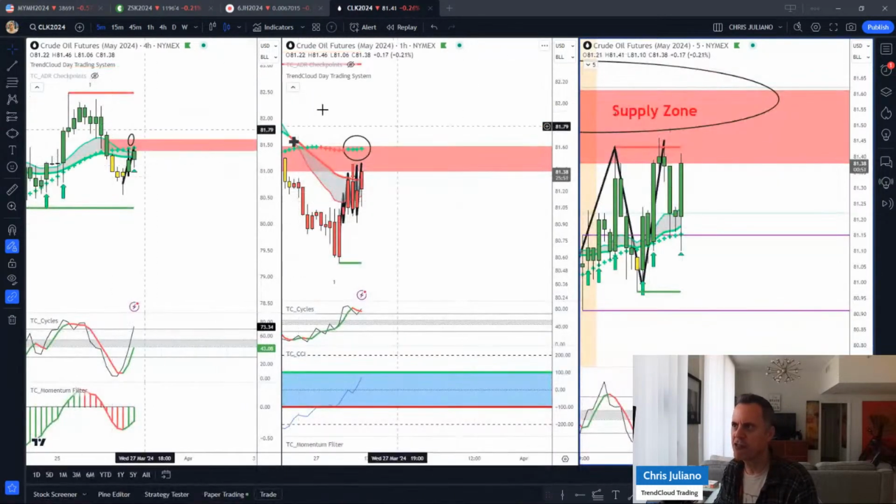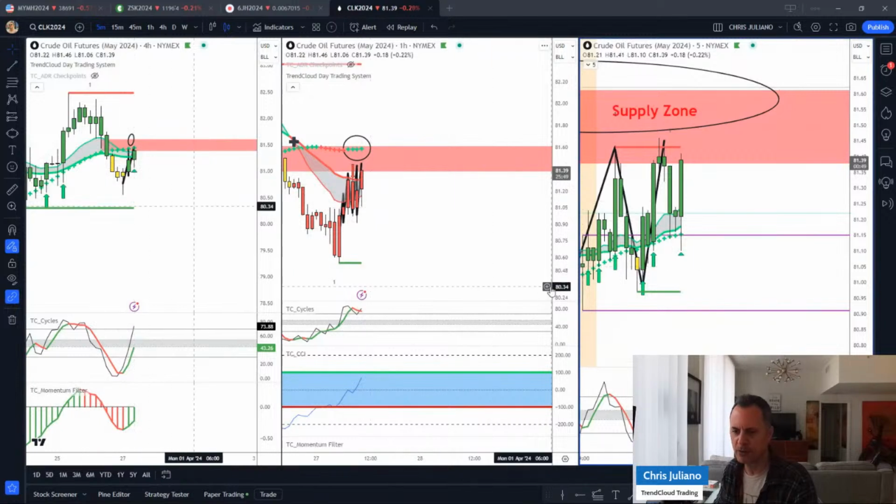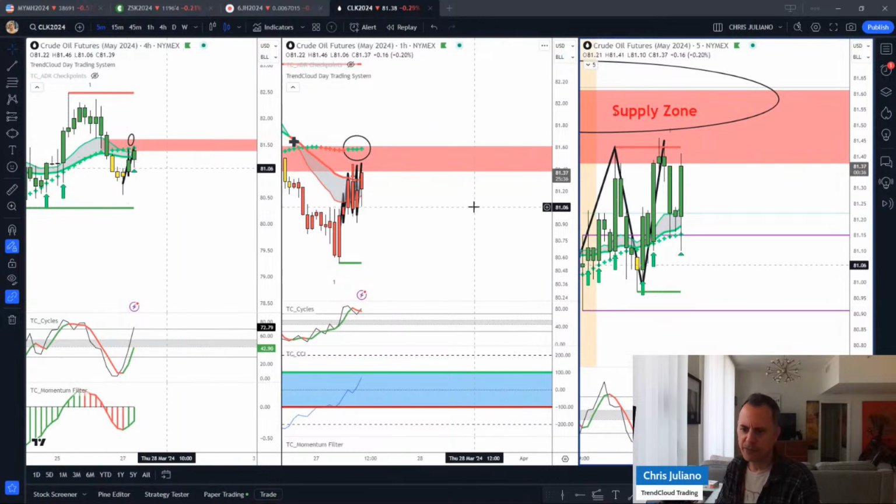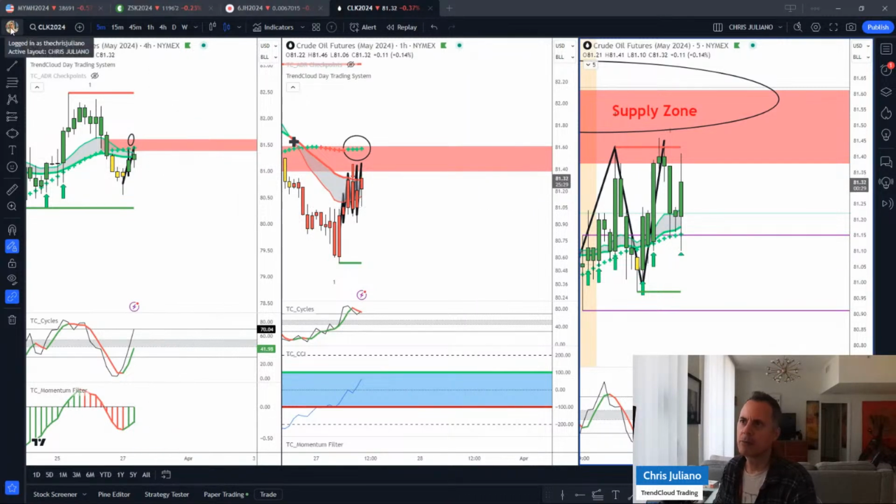This is the TradingView platform, Ramos, and I use NinjaTrader for my live trading. I kind of think I might transition completely over to TradingView because I just like it better, and it's what we use all the time in the live stream.